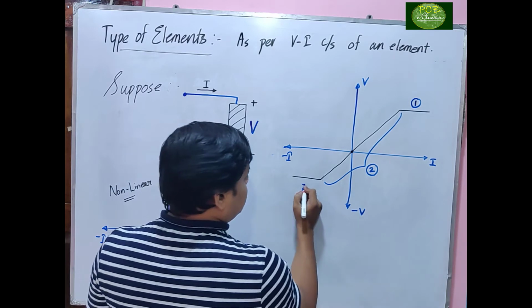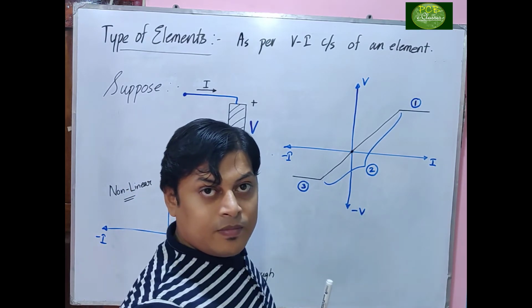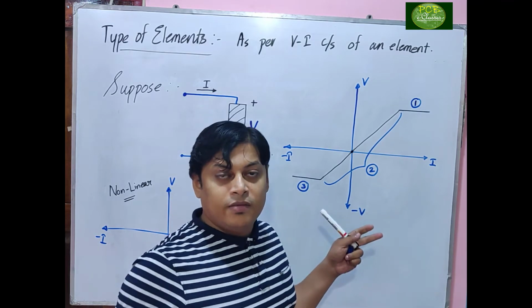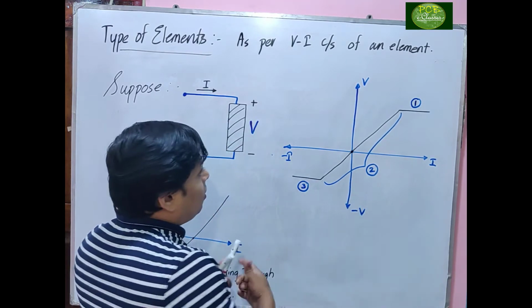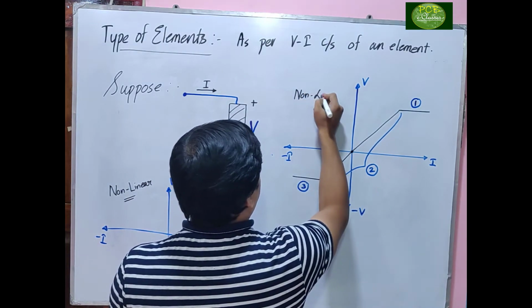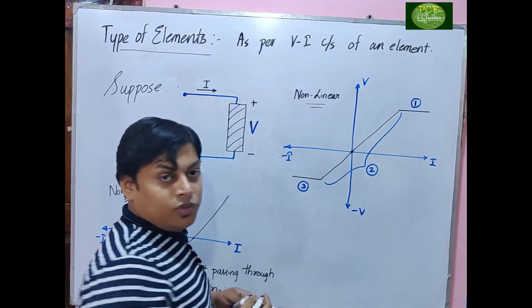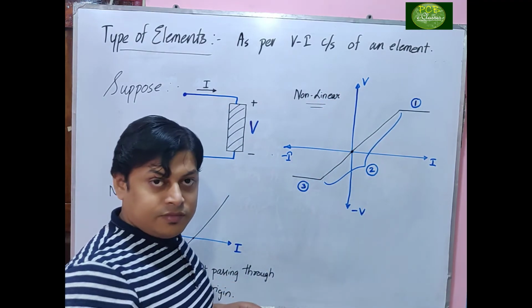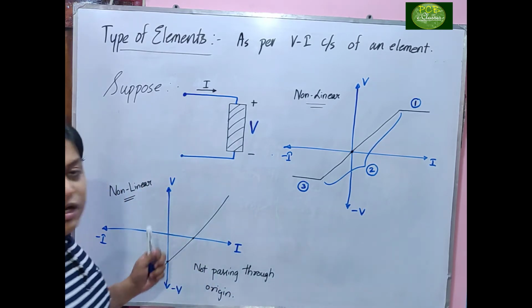And this is 3. 3 straight lines. Is it linear? No. It's non-linear in nature.